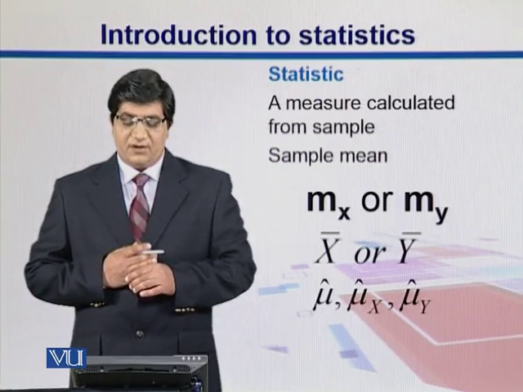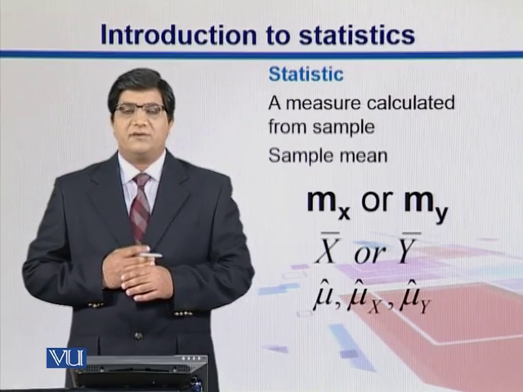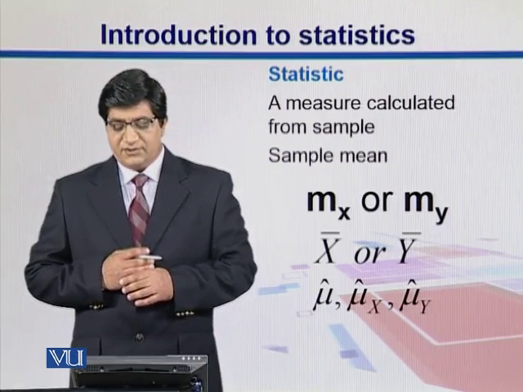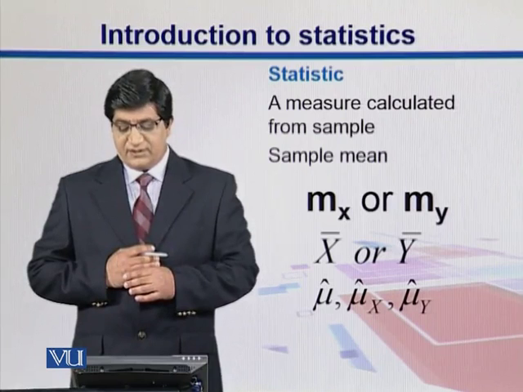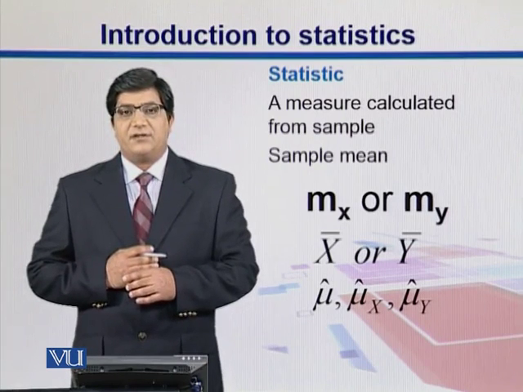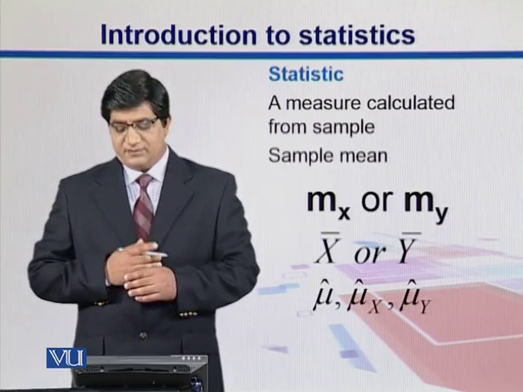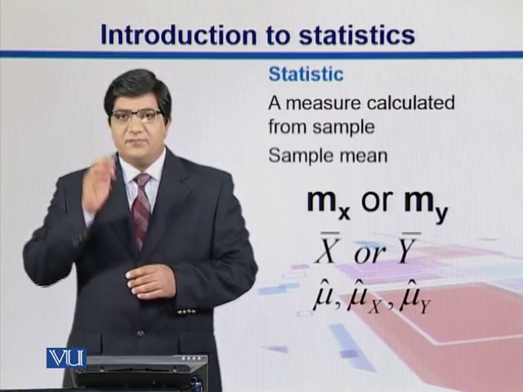A statistic is a measure calculated from a sample. For example, we can have a sample mean. In that case, we use English letters, like the mean of X. Sometimes we have capital letters with a bar on them, for example X bar or Y bar. Sometimes we use those Greek letters, but we put a hat on them.